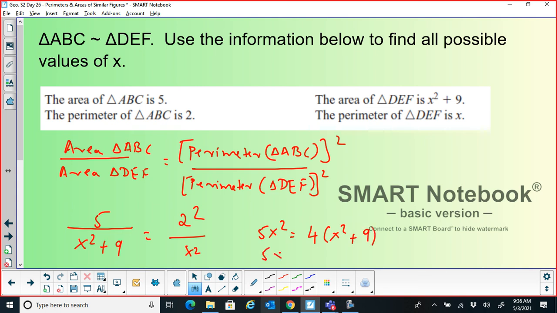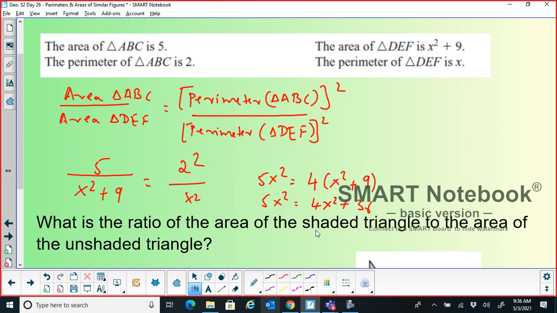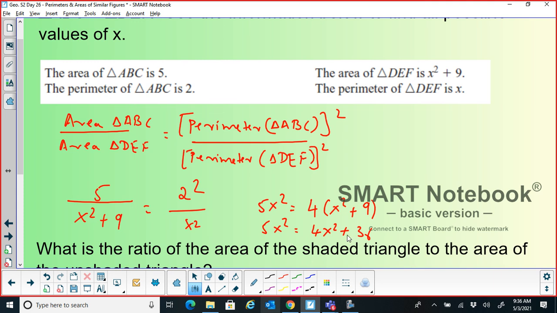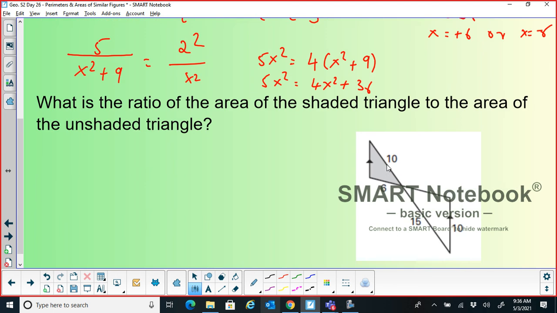So I get 5x squared equals 4x squared plus 36. Subtracting 4x squared from both sides, I get x squared equals 36. Taking the square root on both sides, I get x equals plus or minus 6. Okay, clear? Let's move on to the next one.